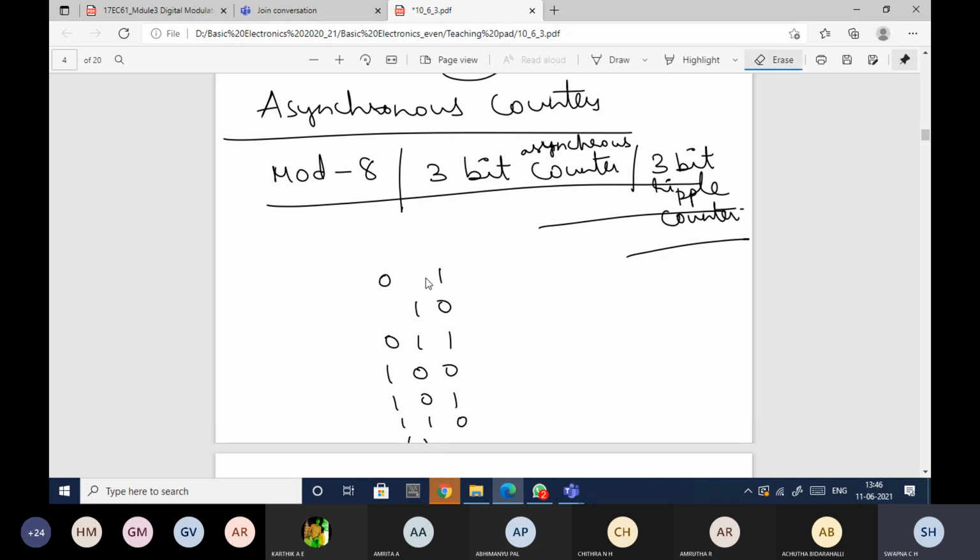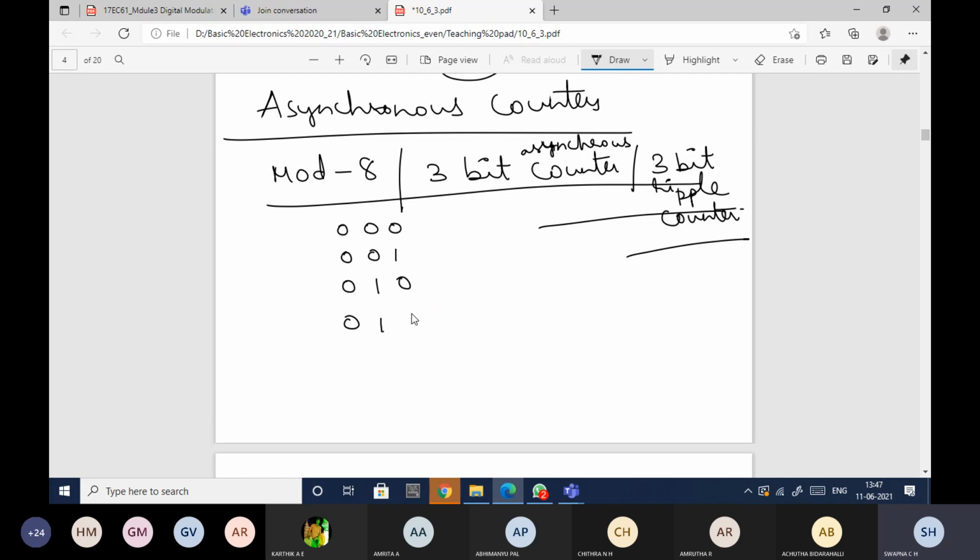Wait, let me write again because I want to show something here. 0 0 0, 0 0 1, 0 1 0, 0 1 1, 1 0 0, 1 0 1, 1 1 0, 1 1 1. After this 1 1 1, it has to go back to the initial state, that is nothing but 0 0 0. So this is how the counting will start.